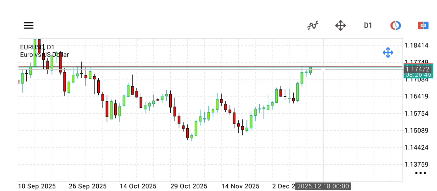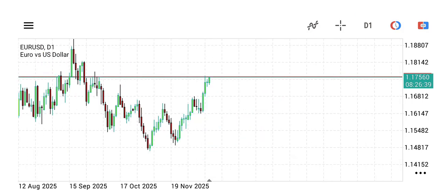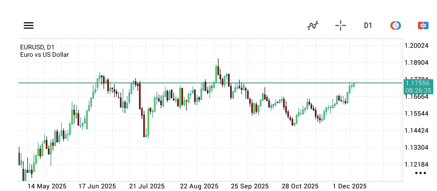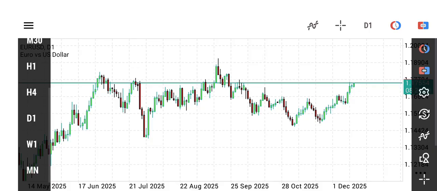I'm a price action trader. I don't like to complicate my chart. As I said from last week, the market is on the upside, making higher highs, higher lows.